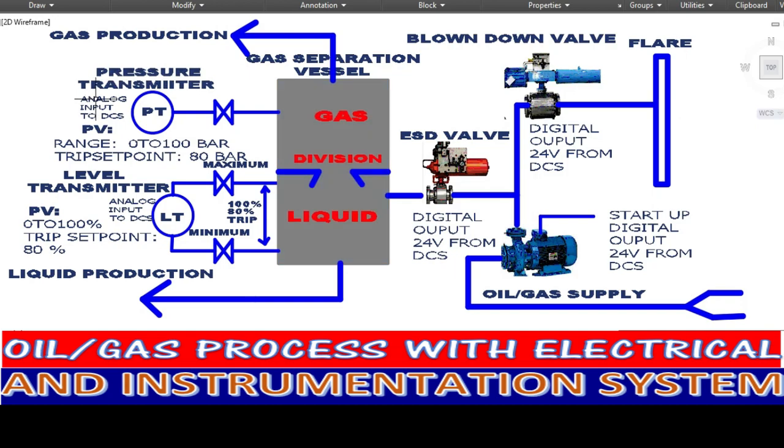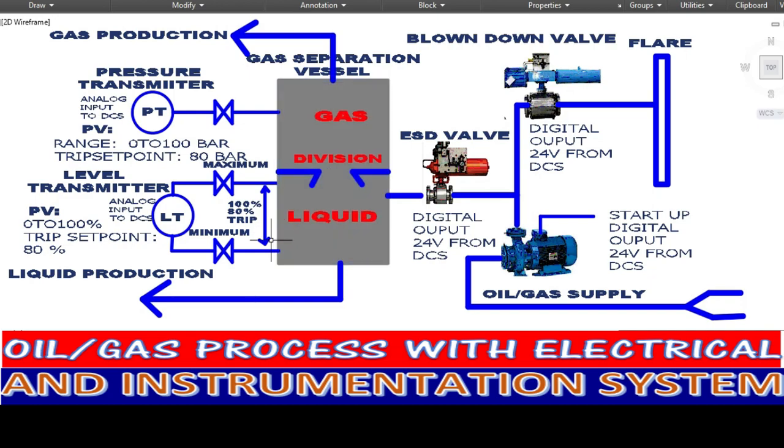The process value range is 0 to 100 bar, and the trip set point is 80 bar. Once the pressure of this gas separation vessel reaches over 80 bar, this ESD valve will be closed.